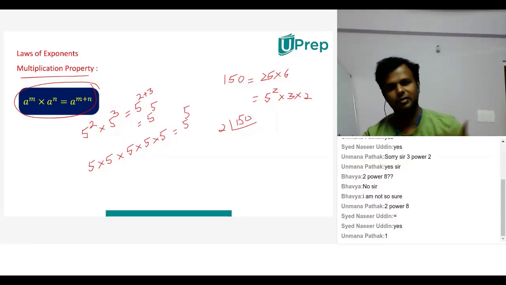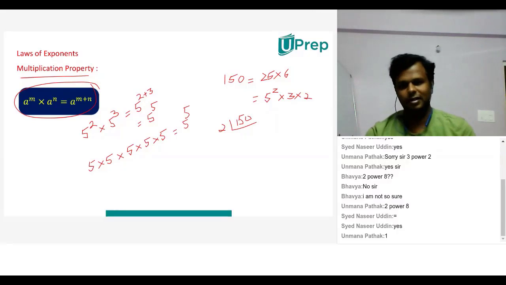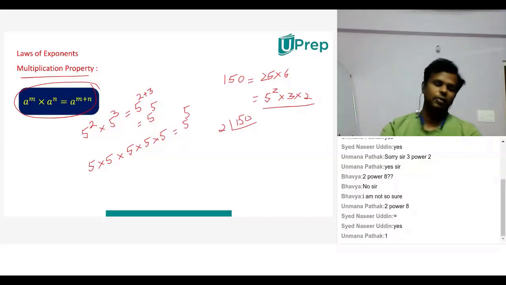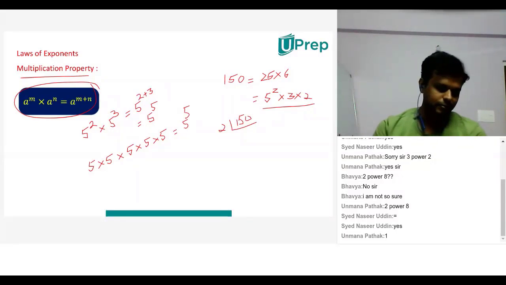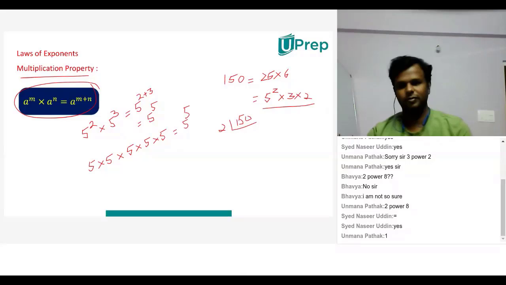Not working out, go for 7. In that way, you do your factorization, and then whatever powers are repeating, you take the exponents. If you write it this way for 150, it is the way you write factorization. Are we clear here, Arna? Yes, sir. Yeah, so that is how we do it.